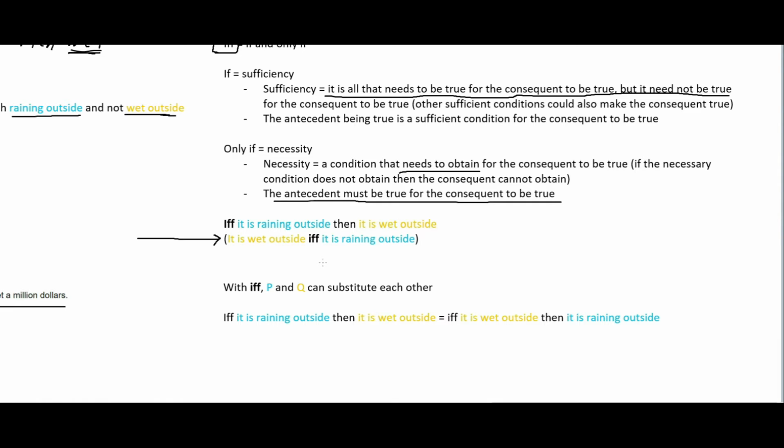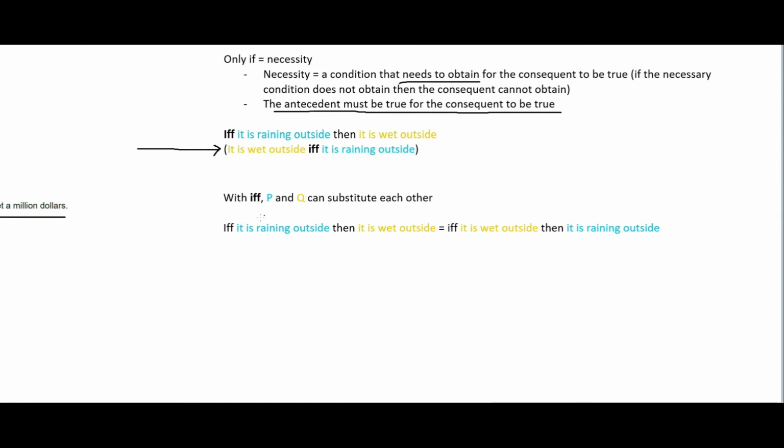That's probably the way you'll often see it, since it seems to flow more grammatically off the tongue. It's wet outside if and only if it's raining outside, rather than if and only if it is raining outside, then it is wet outside. All right, so with if and only if, P and Q can substitute for each other, and so these are equivalent statements.